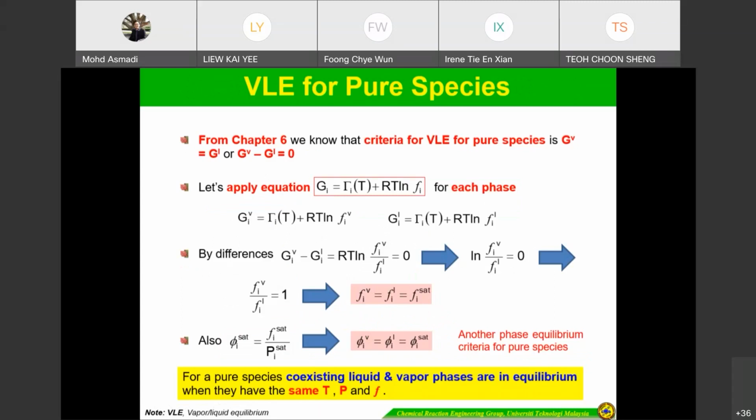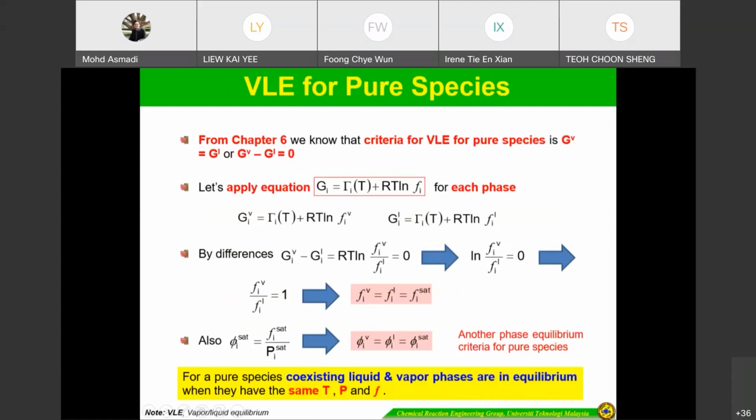Fugacity in the vapor is similar to the fugacity in the liquid, equal to Fi saturated. Similarly for the fugacity coefficient. For a pure species, coexisting liquid and vapor phases are in equilibrium when they have the same temperature, pressure, and also fugacity. You have to remember that one.